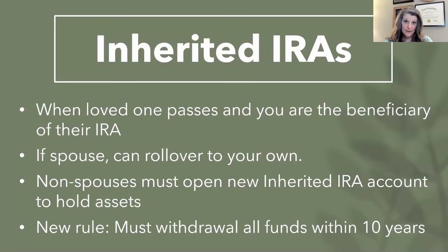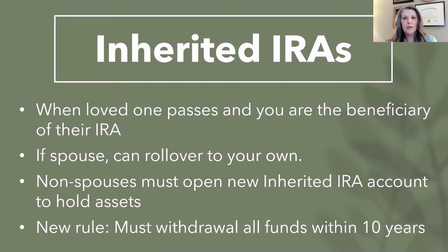Okay, inherited IRAs. This is when a loved one passes away and then they have named you the beneficiary of the IRA. And it could be that it's a parent and there are 3 siblings and it's divided evenly between the 3 siblings.